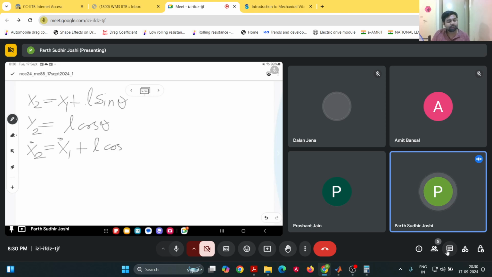Now we have to differentiate x2 to get x2 dot. So I am writing that down. Now x1 is also varying with time and theta is also varying with time. So the derivative of L sin theta will be L cos theta into the derivative of theta with respect to time, so L cos theta into theta dot.